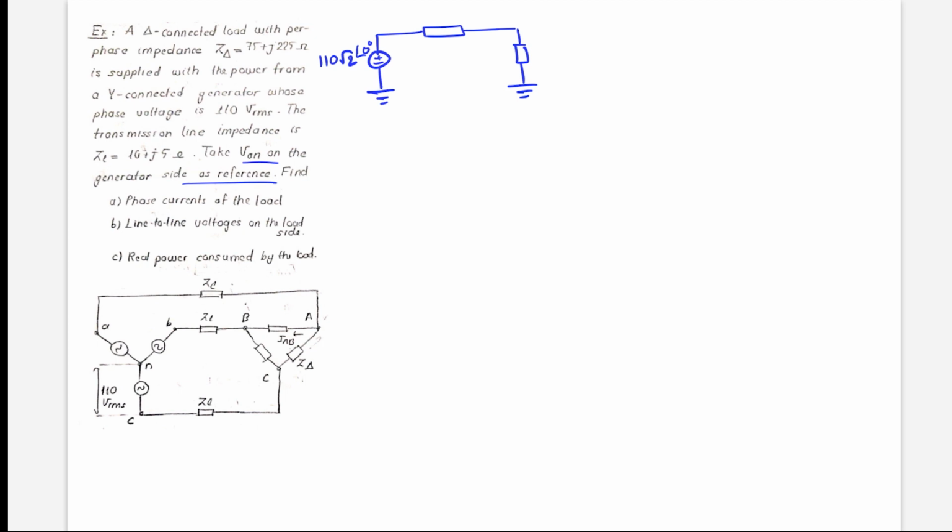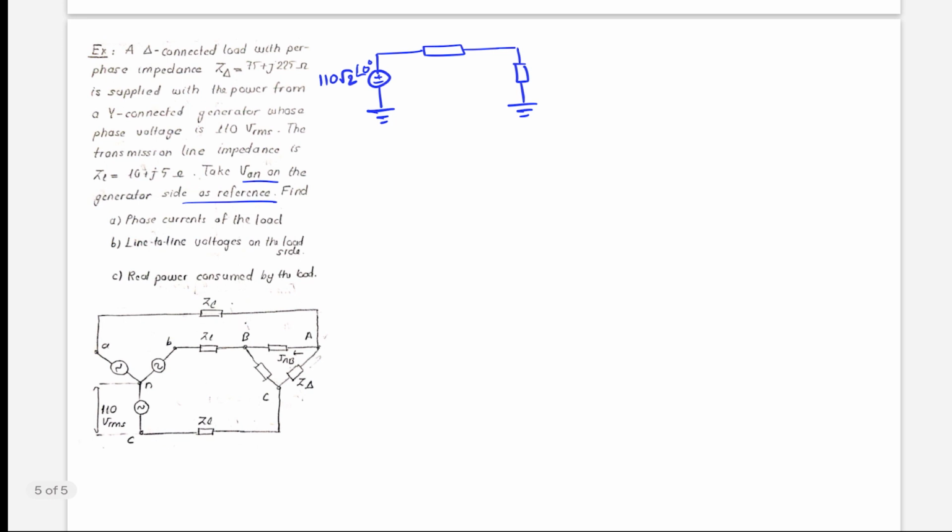Now, the line impedance is given as 10 plus J5 ohms, and the Z delta is given as 75 plus J25 ohms.